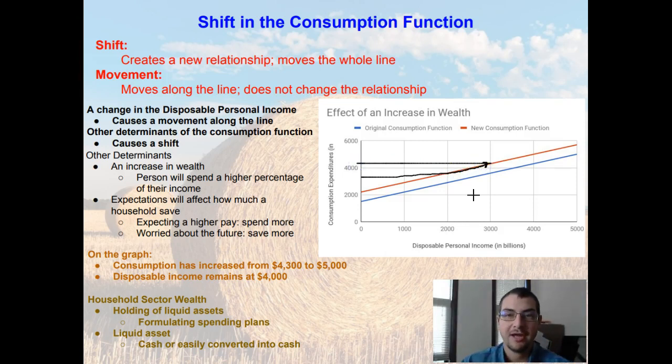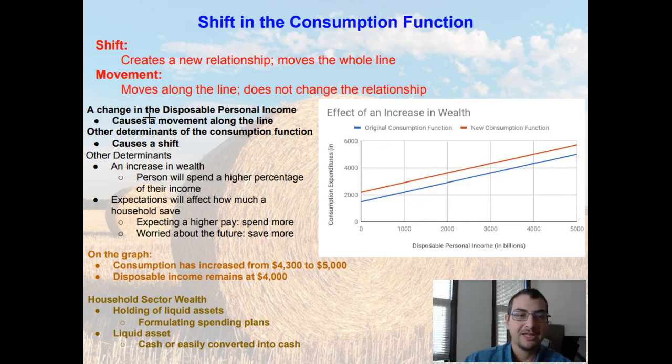The only time you ever have a new relationship is if you have a new disposable income and consumption expenditure setup. You only have a shift whenever the whole line changes. But if you're just moving along the line, that is just known as a movement. That's not a shift.